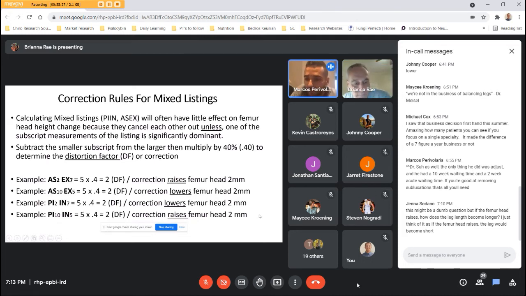We have a question. Jenna asked, if the femur head raises, how does the leg length become longer? It goes back to what I was trying to show on the complete anatomy skeleton. Remember, the femur head is in front of the SI joint, and it's in front and below the SI joint, and then you have the Q angle from the femur head all the way down to the tibial plateau.